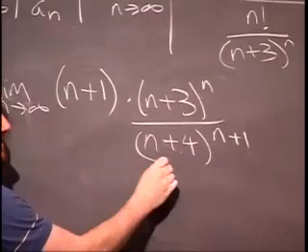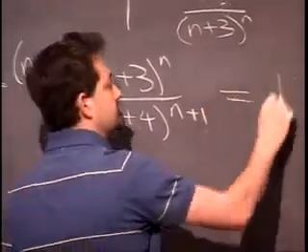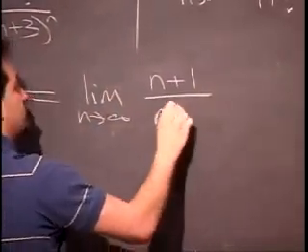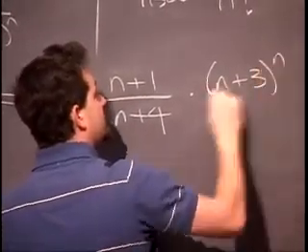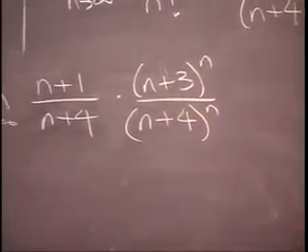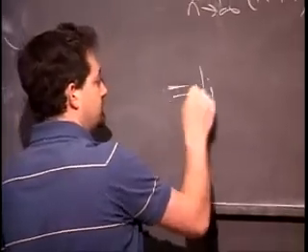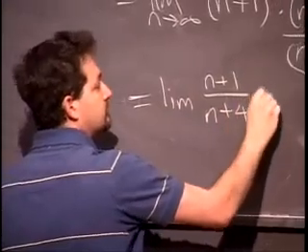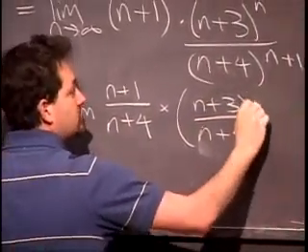So let's pull out a factor of (n plus 4), a nice little trick. We'll have (n plus 1) over (n plus 4), and then what we'll be left with is (n plus 3) to the n over (n plus 4) to the n. And so we can group them together: (n plus 3) over (n plus 4), to the power n.